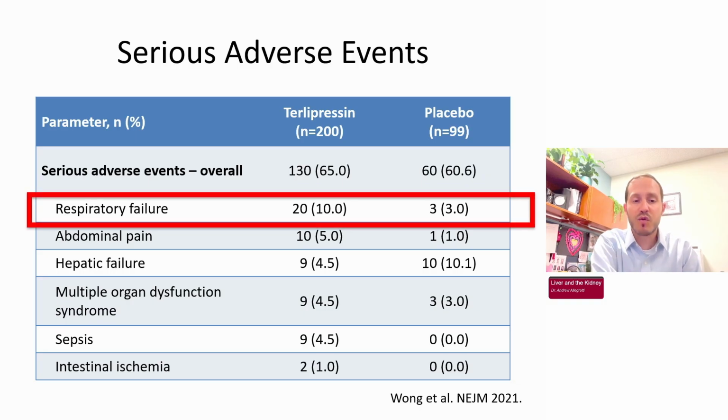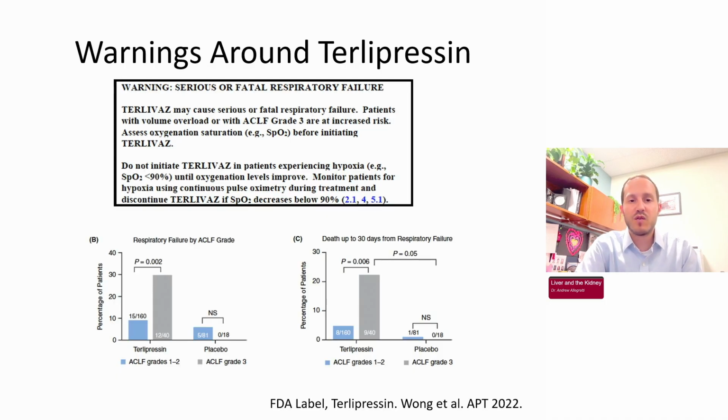But the most important side effect, I think, to be aware of, and arguably one of the most deadly, is respiratory failure, which was quite a signal seen in the CONFIRM trial, with a much higher rate in the terlipressin arm compared to placebo. This led to a boxed warning to be cautious around patients at high risk of respiratory failure.